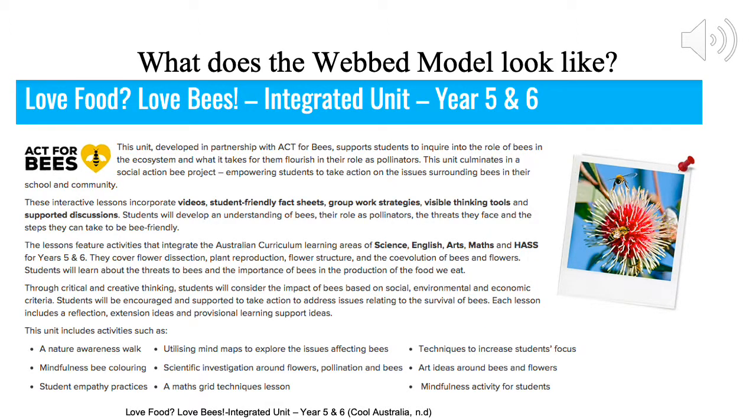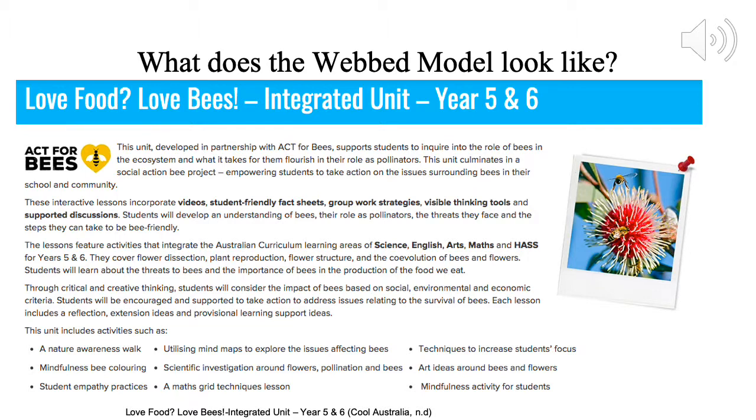So how does the web model of integration look in the classroom? This unit plan is an example of an interdisciplinary approach using Fogarty's web model of integration. The unit plan uses the theme or topic Love Food, Love Bees to integrate areas of the curriculum. The unit plan demonstrates how with one topic you can web together learning areas as well as general capabilities and cross-curriculum priorities.